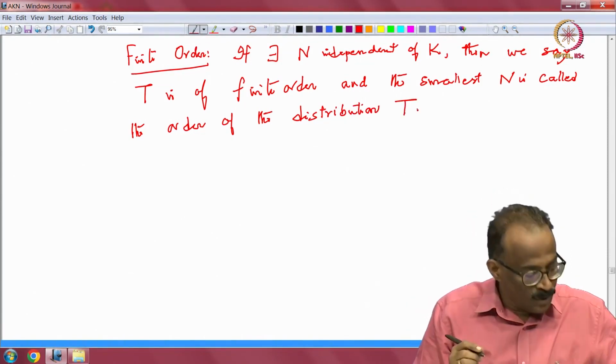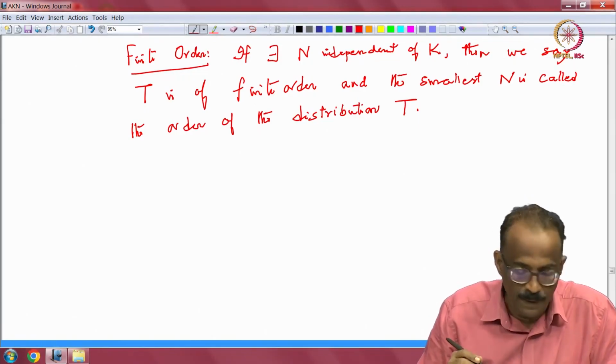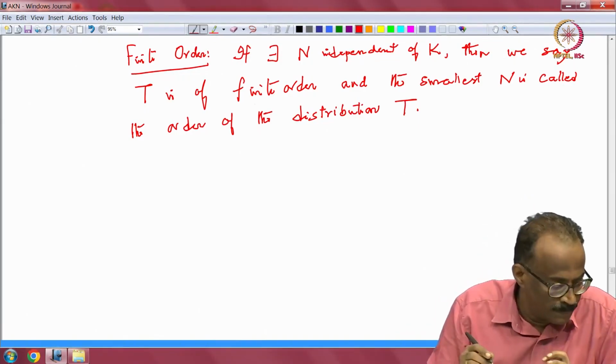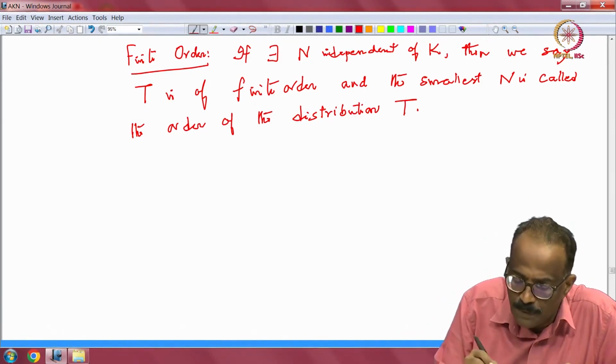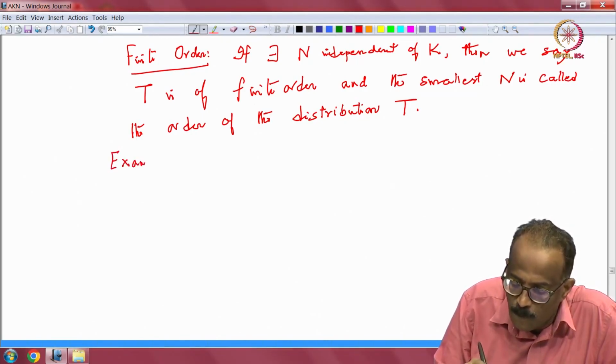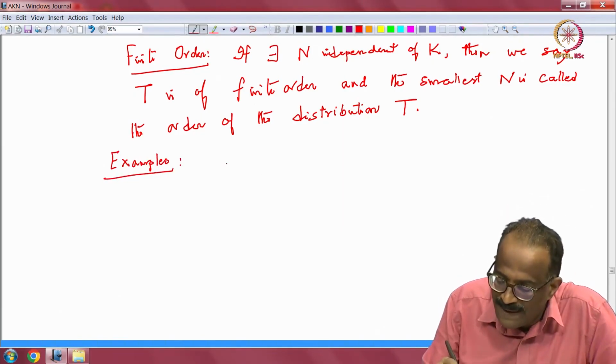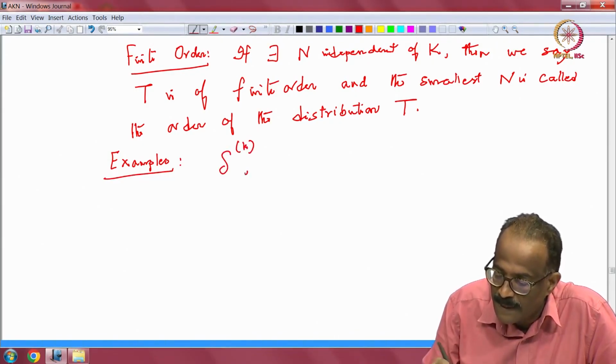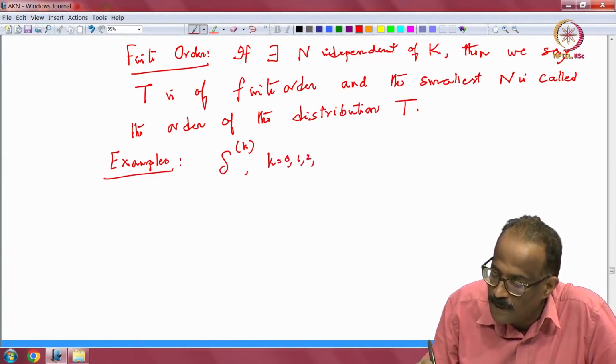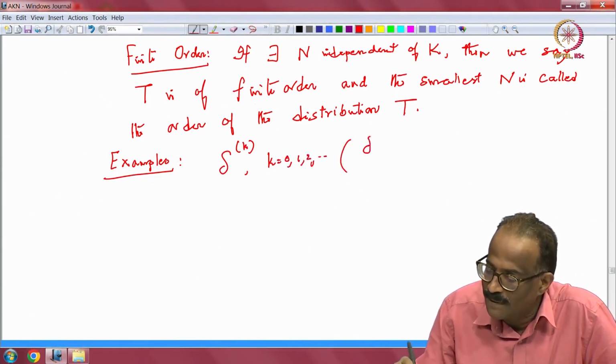Let me give you a couple of examples. Look at the Dirac delta and its derivatives, delta_k for k equal to 0, 1, etc. Recall delta_0 is delta.